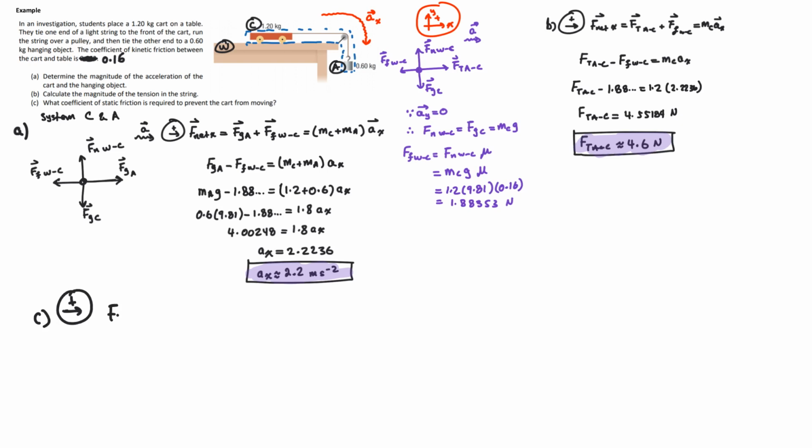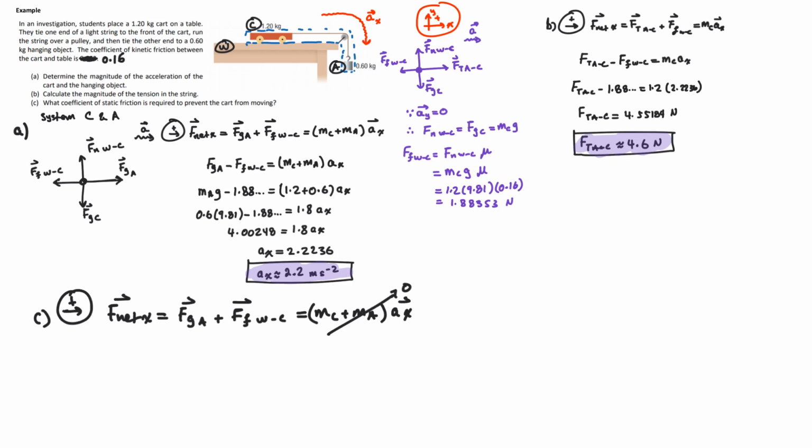F net x is going to equal the sum of forces, F_GA plus the force of friction from the surface onto C, and that's going to equal the mass of my system, which is mass of C plus mass of A, times the acceleration. The acceleration is 0 when my object is not moving. So this whole term becomes 0, and it makes my life a lot easier.